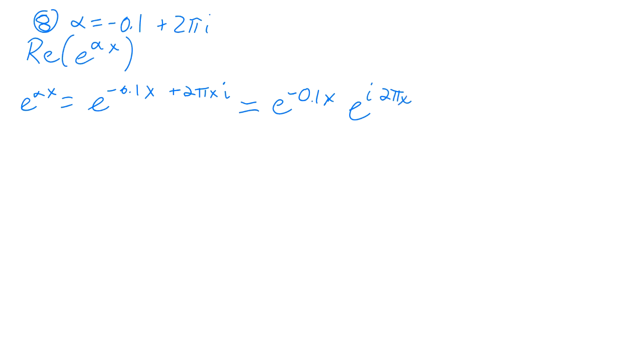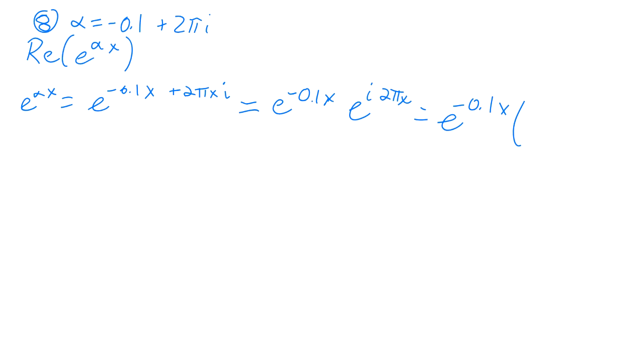And now what do we do with this? Well, we've got this part right here. We had a real exponential, and then we have an imaginary exponential. So this part right here we can write as e to the minus 0.1 x times, e to the i something is cis of that something.